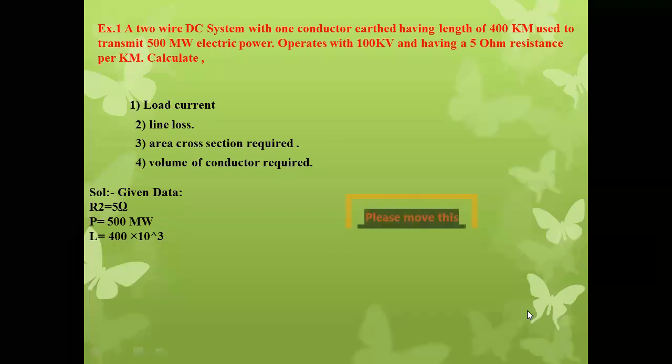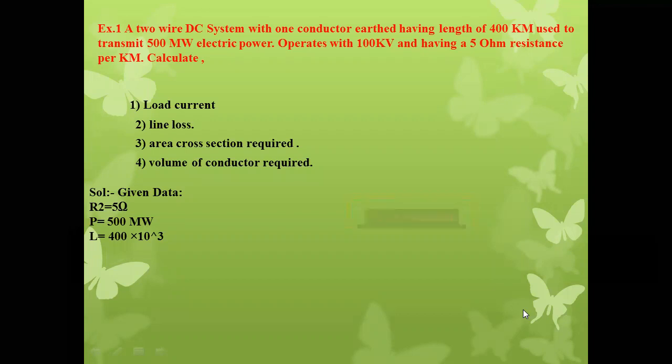Yes, sir, what should be taken for rho? I have already told that rho means the specific resistance. I have given an example for this. We are generally using the ACSR conductor, that is the aluminium conductor, having the specific resistance or resistivity equal to 2.8 into 10 to the power of minus 8 ohm per meter.